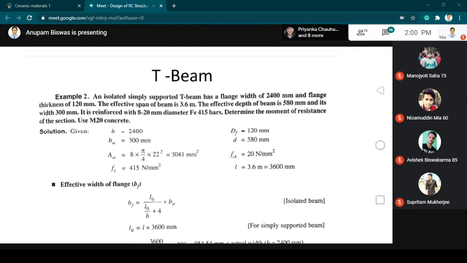Here the value of AST will change and other things will remain the same. The value of BF you have already obtained, so it won't change; it will remain the same, that is 954.54. Then you calculate the value of XU from here.